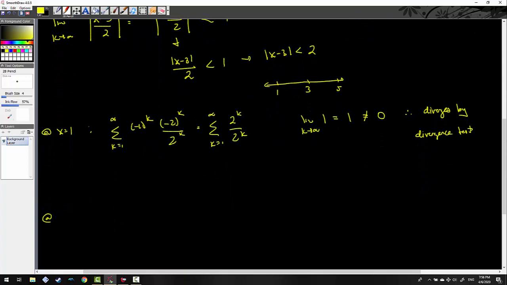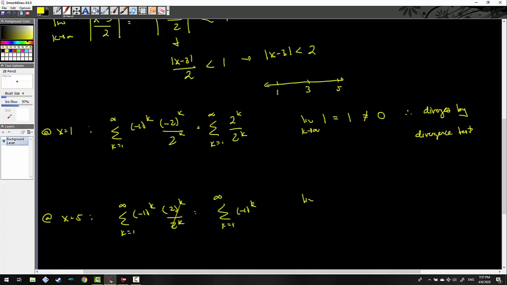And then I'll go and just do my x equals 5. That's going to be the sum from k equals 1 to infinity of (-1)^k for my alternator. And that's going to be, looks like 2^k if I do 5 minus 3 over 2^k. Oh, that's awesome. These are gone. So what I get is the sum from k equals 1 to infinity of (-1)^k.